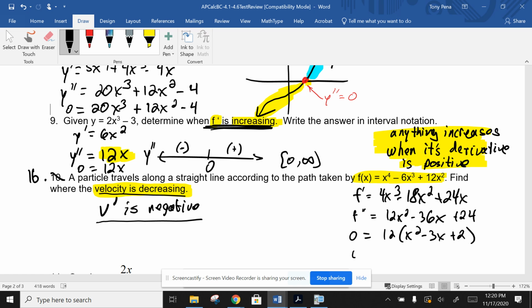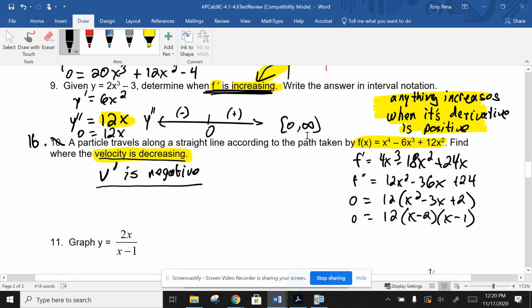This factors nicely. So 2 and -2 are our test points. I'm sorry, 2 and 1 are our test points. Certainly have to do this a handful of times tomorrow in terms of our sign chart.